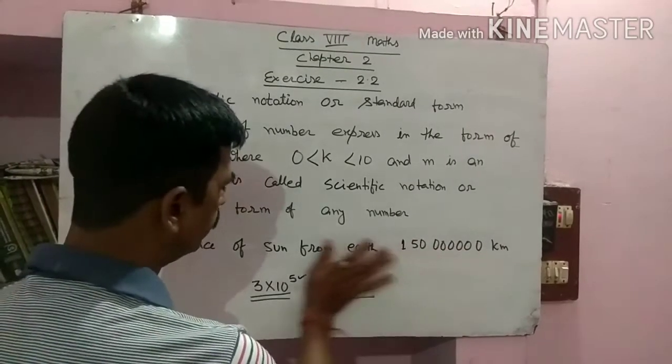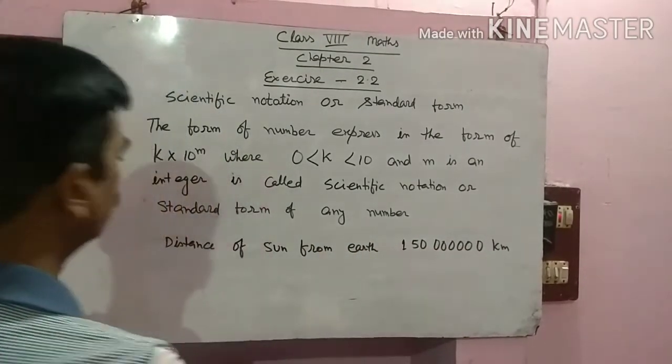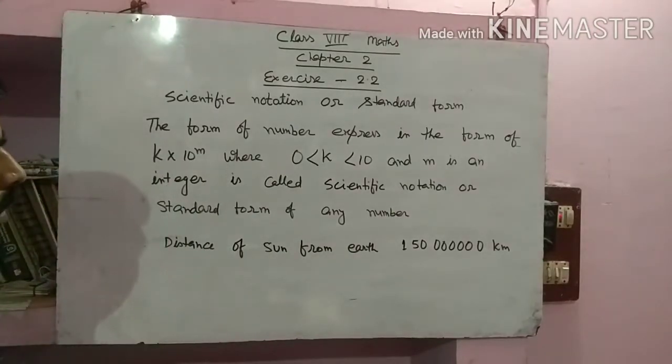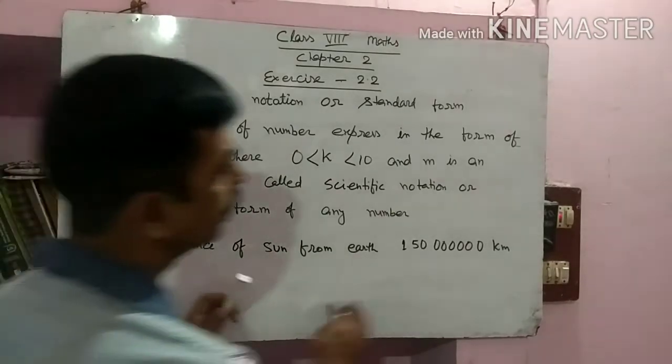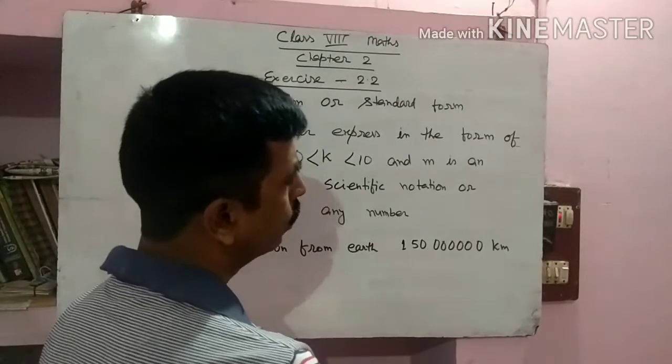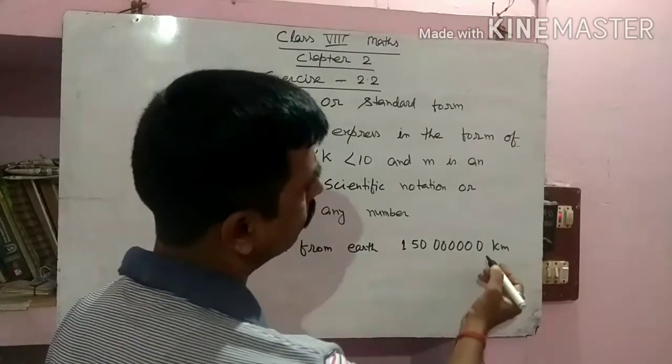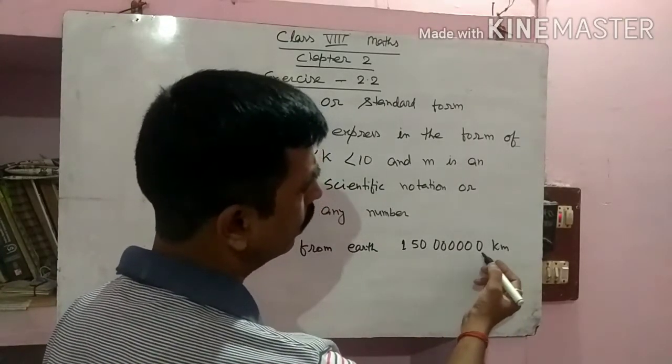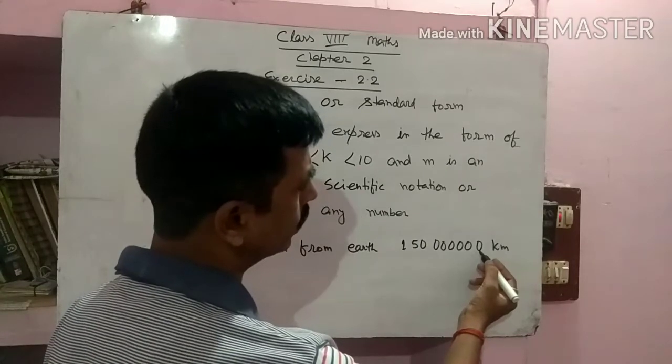Okay, let's see. The distance of the sun from the earth is this much kilometer. To remember that one, we have to read that number in the Indian number system.